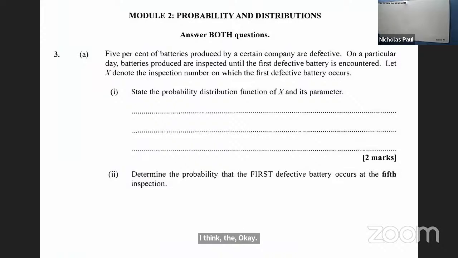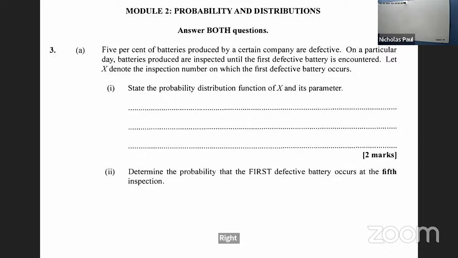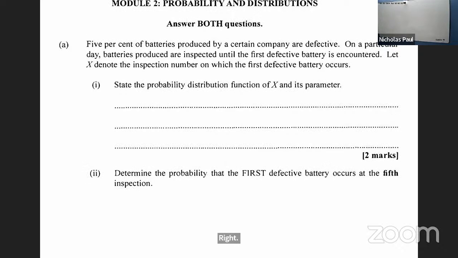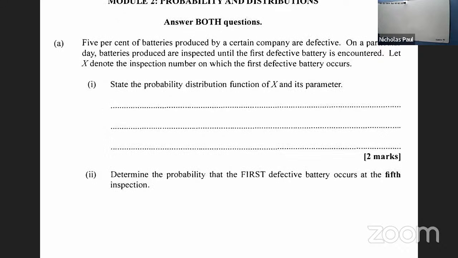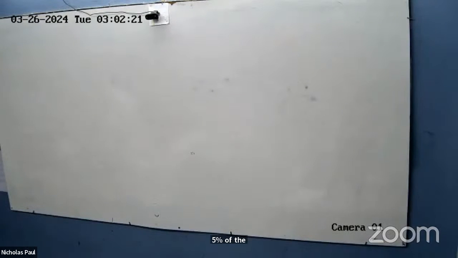Correct. Well, so that's it, right? 5% of batteries, but we don't think that's still right?